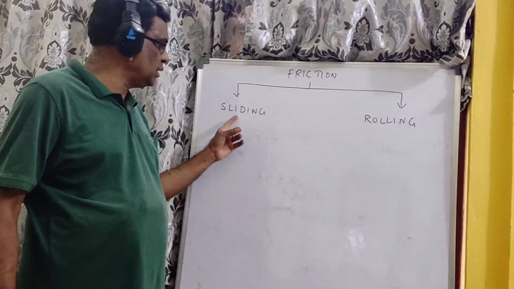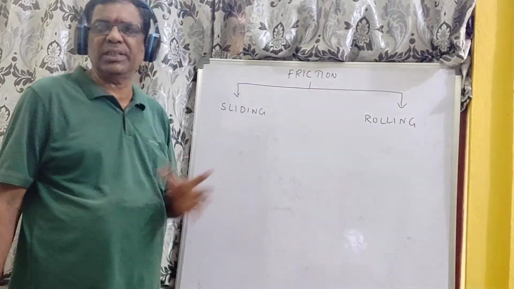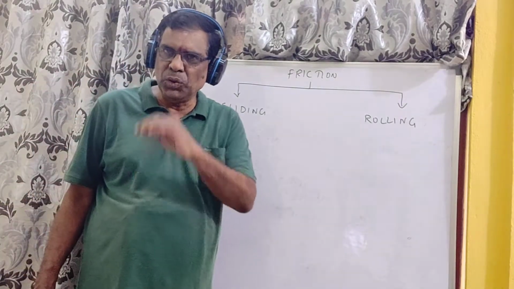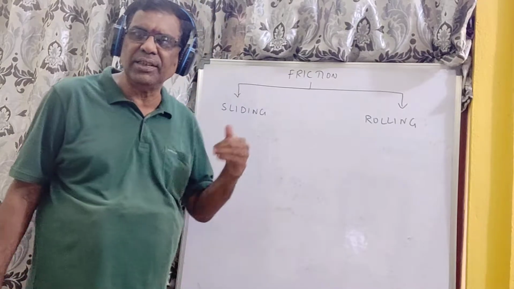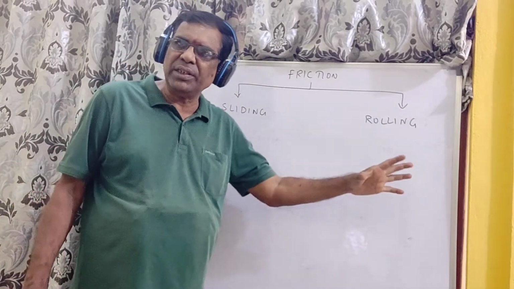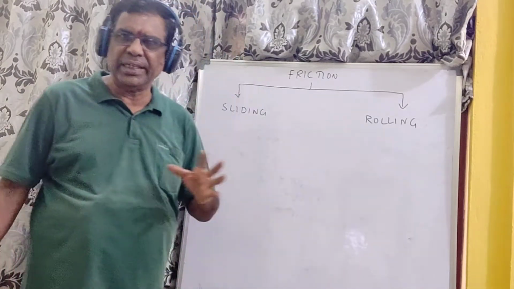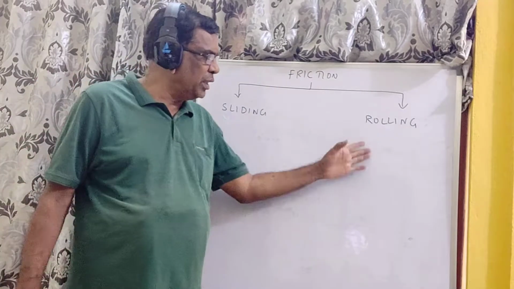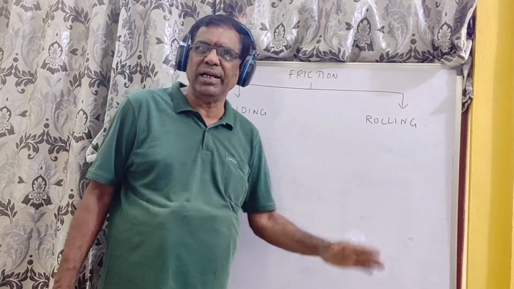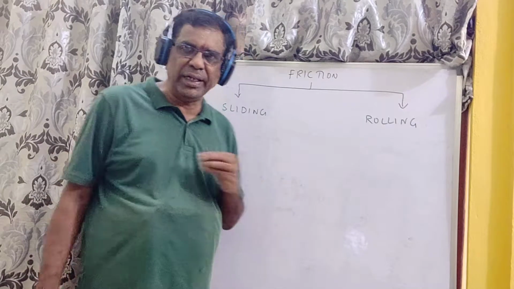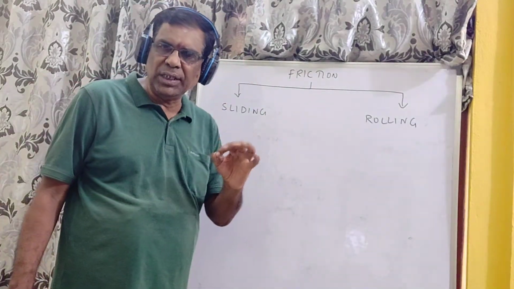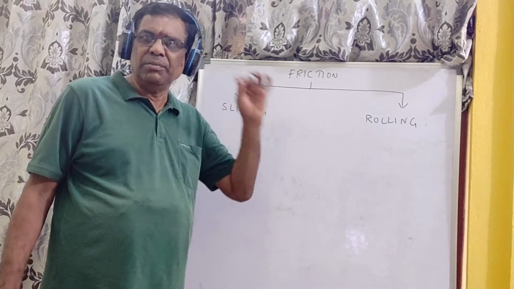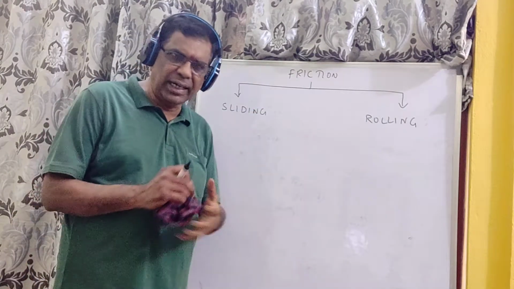If you think this is associated with sliding friction, you are mistaken. And if you think this is associated with only rolling friction, you are equally mistaken. In fact, even many of the textbooks do give it like this, which is very unfortunate. I want you to understand friction from a totally different perspective. I'll describe that.